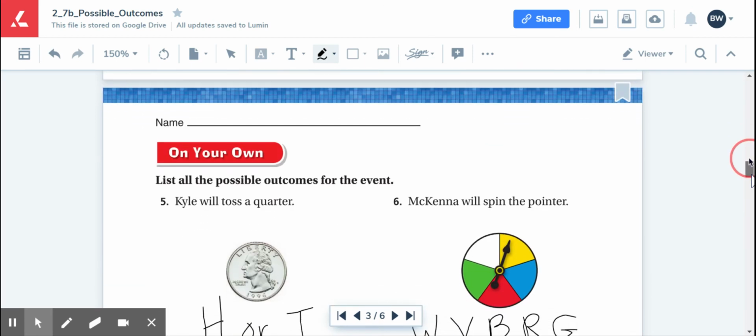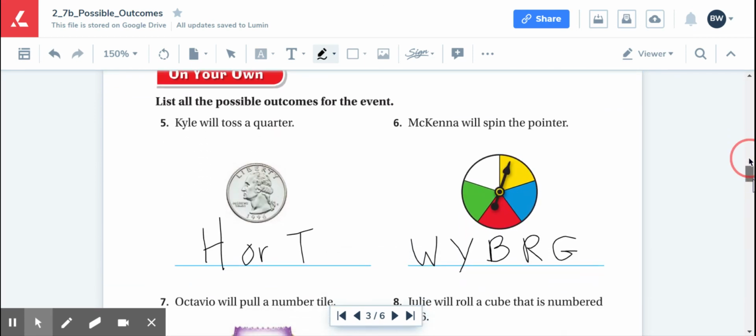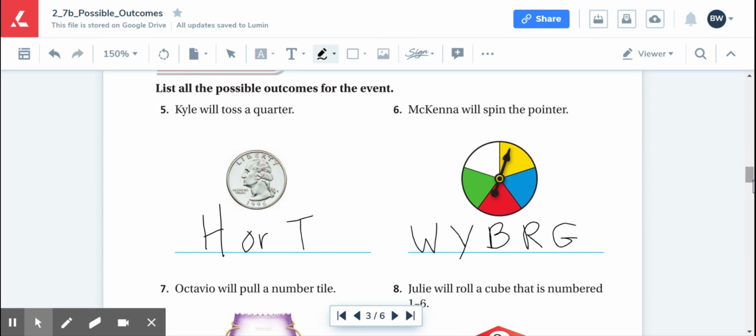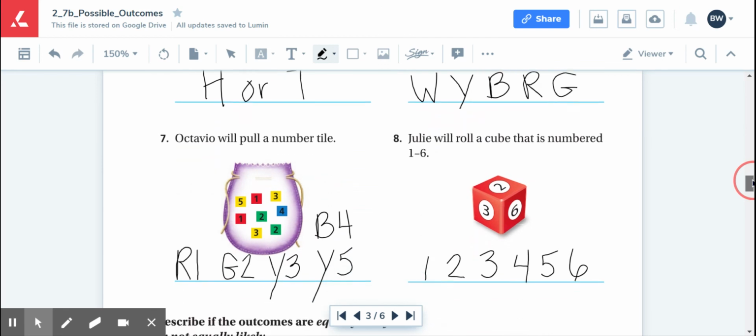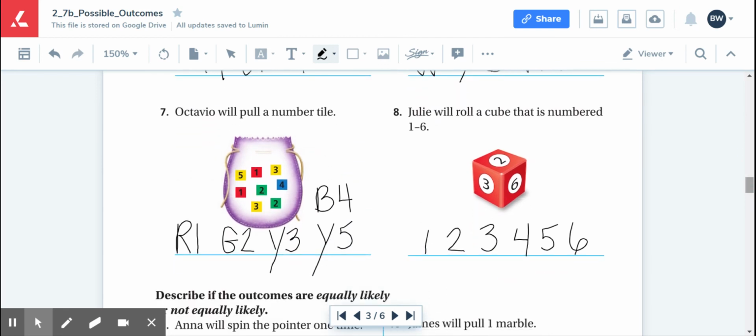If we scroll down just one more time, I've done some work here for you, and it talks about the possible outcomes for each of these things. A quarter's outcomes would be heads or tails. This spinner is white, yellow, blue, red, or green. Those are the outcomes. If we look at the outcomes of the bag, we have red 1, green 2, yellow 3.